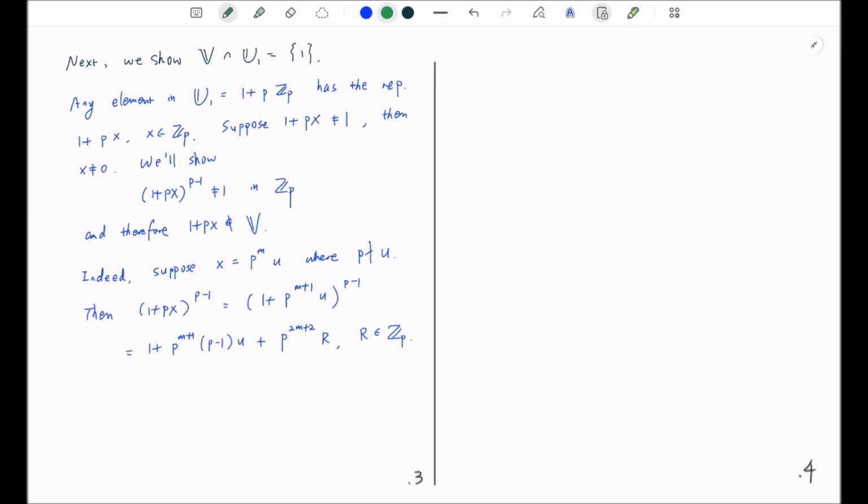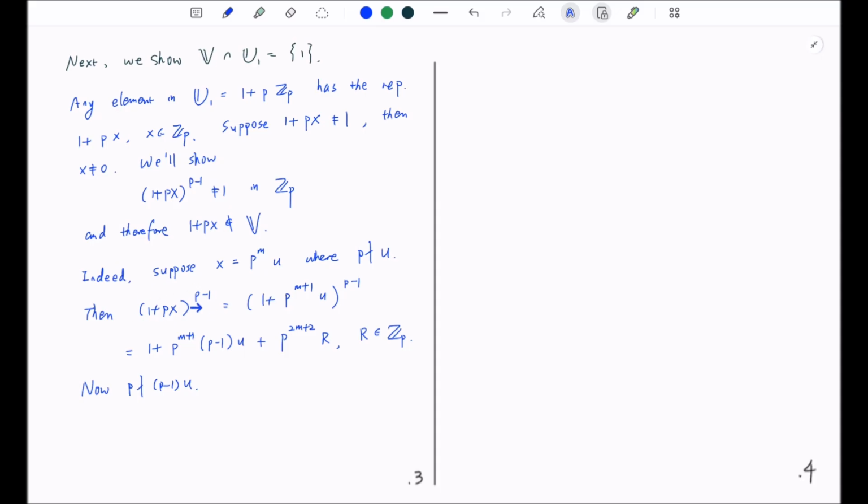Now, because p does not divide u, and p is also coprime to p minus 1, p does not divide this part, which means p raised to the power m plus 2 does not divide the whole thing. But p raised to the power m plus 2 still divides this.